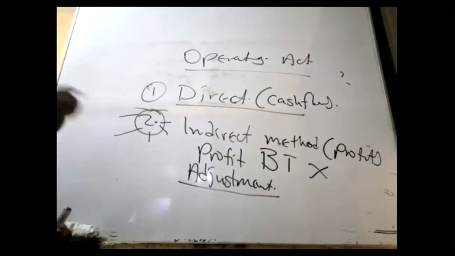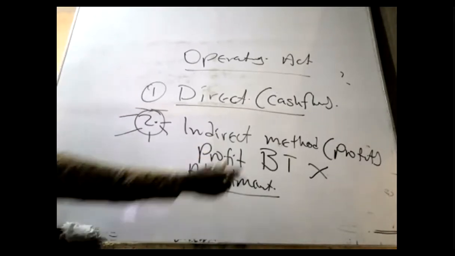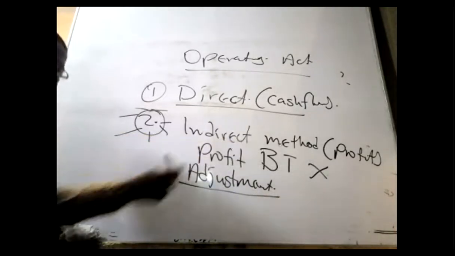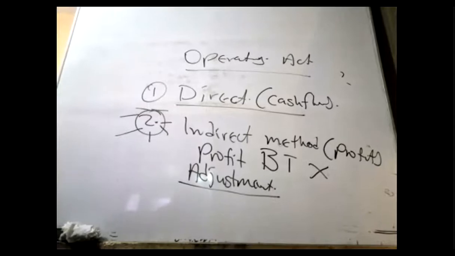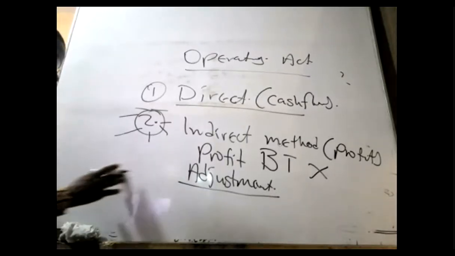All have been explained well in the principle base or the previous lecture video. So when you get it, you are fine. If I pick the profit and I want, with the help of the profit, to get the cash flow, then I need to adjust it. The adjustment: only three items.